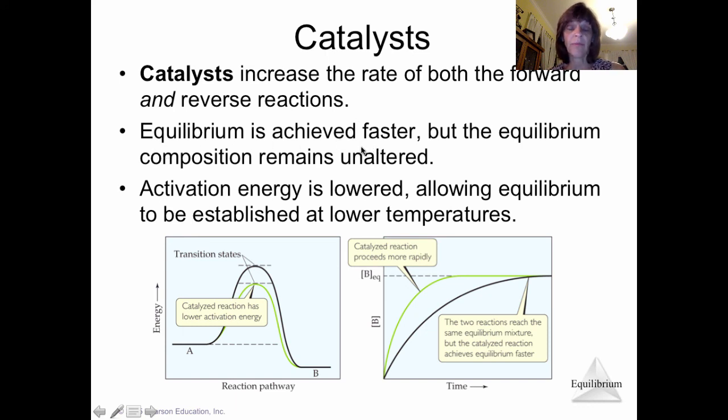But you can reach equilibrium faster because you're getting over those activation energies more easily. So with catalysts, the activation energy is lowered, it's easier to make the transition state, and it allows equilibrium to establish more quickly and at lower temperatures.